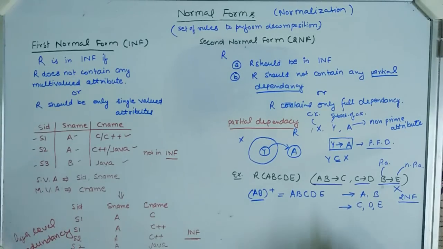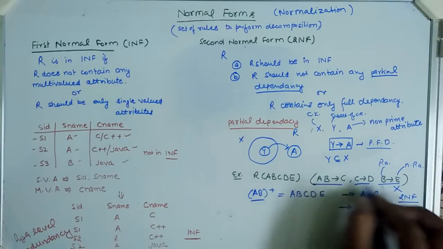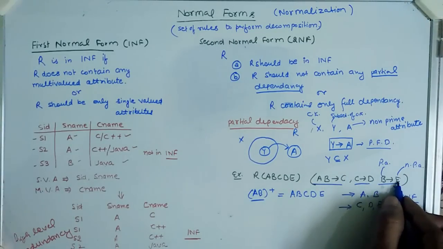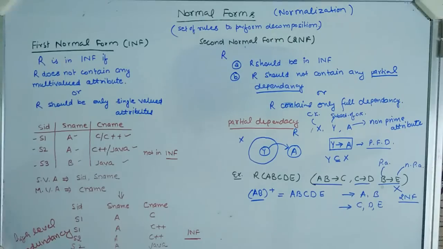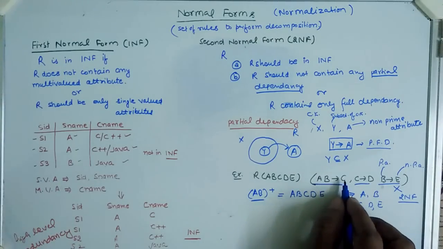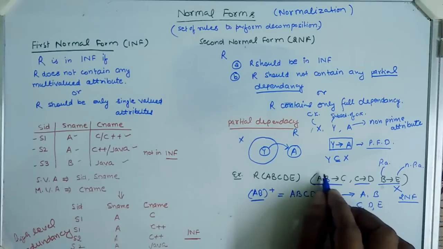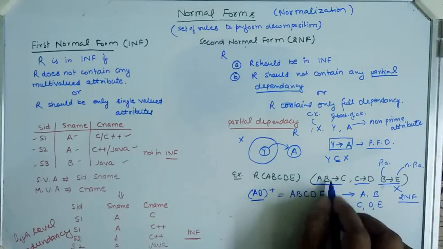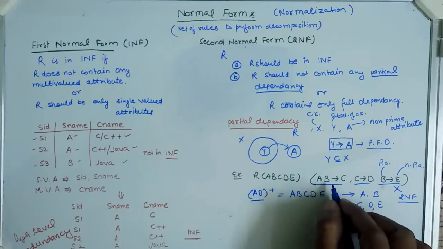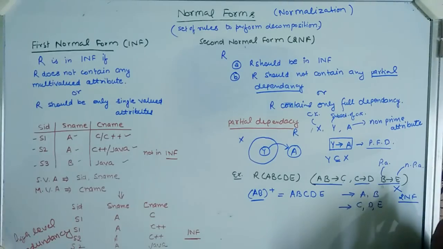Because B is a subset of AB, that's why it does not hold, and this is also a prime attribute. Here a relationship between a non-prime and a prime attribute is there, but here we do not have a subset, we have a proper set X. That's why this condition does not violate the 2NF property, but this one violates the 2NF property because it is a partial dependency.